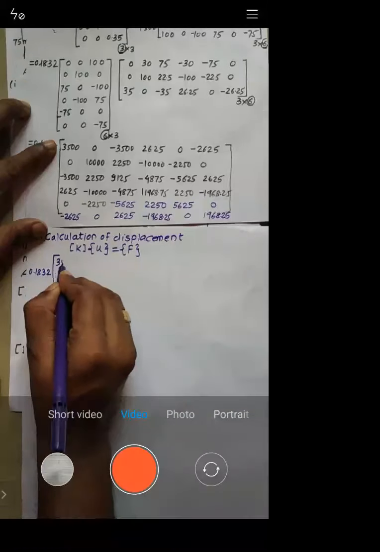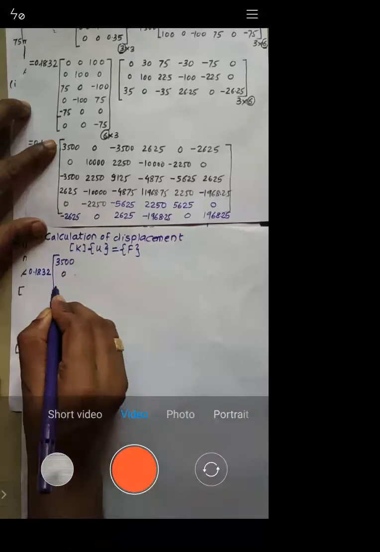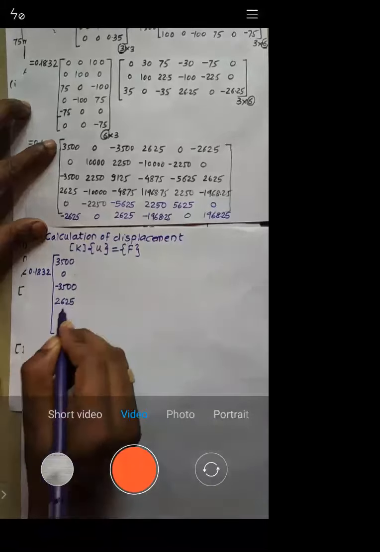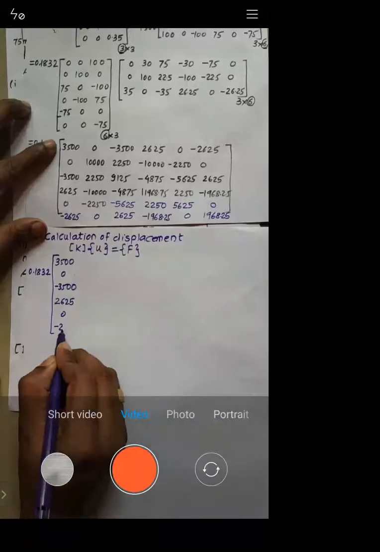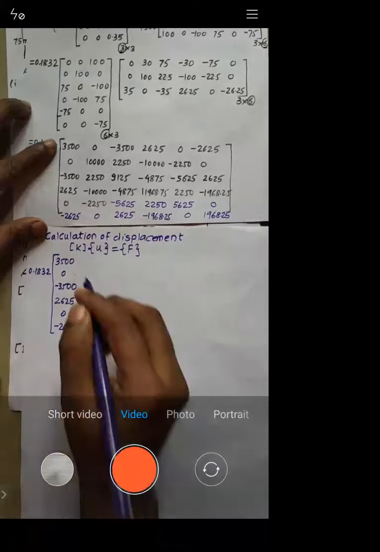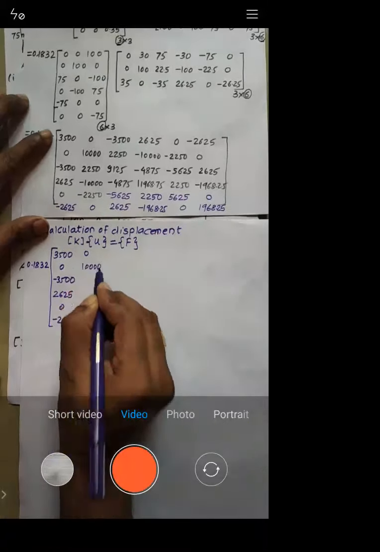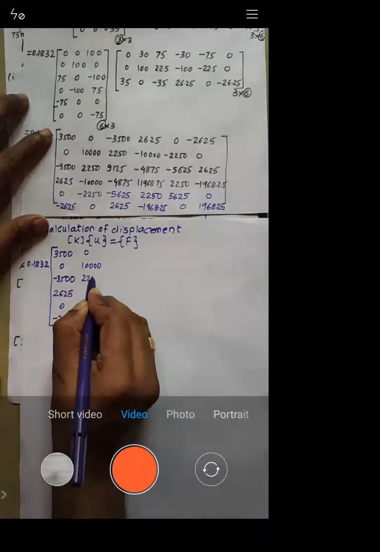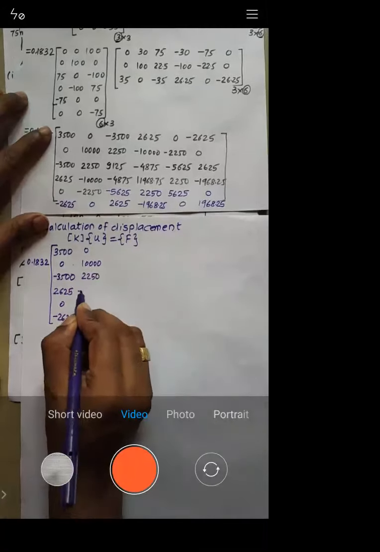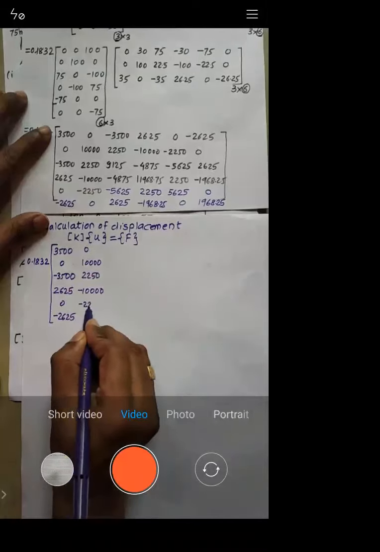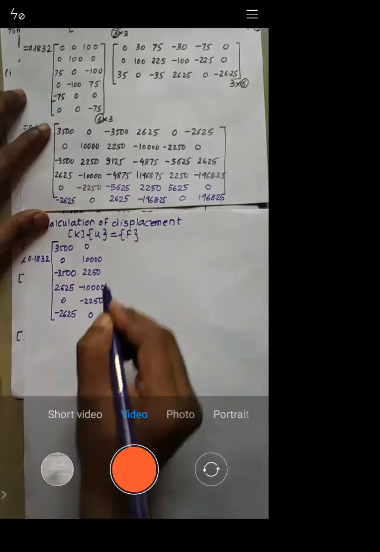This is 3500, 0, minus 3500, 2625, 0, minus 2625, right? Then this is 0, 10,000, 2250, minus 10,000, minus 2250, this is 0, right?